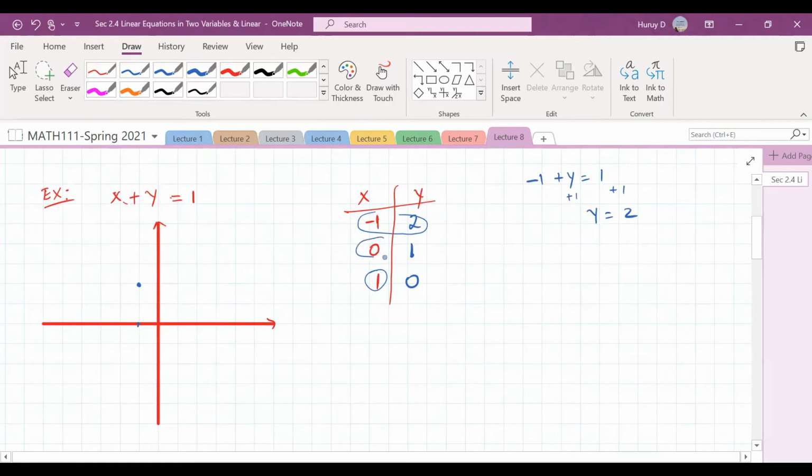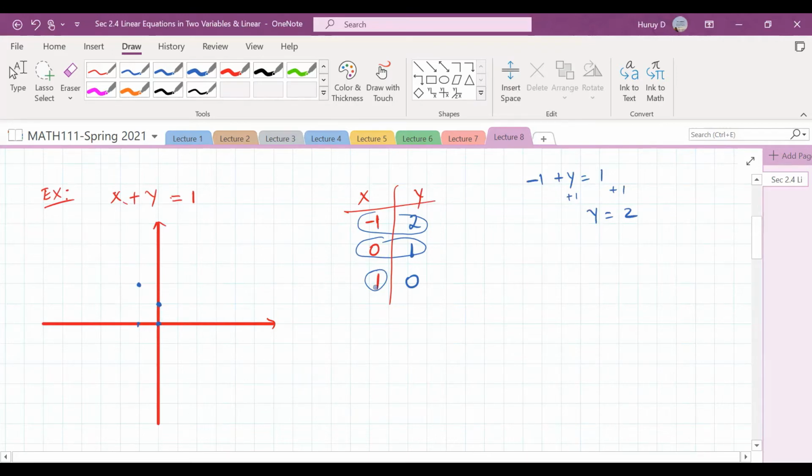And then the second point, 0, 1. X equals 0 means here. And then y equals 1 is here. So the intersection is right here.